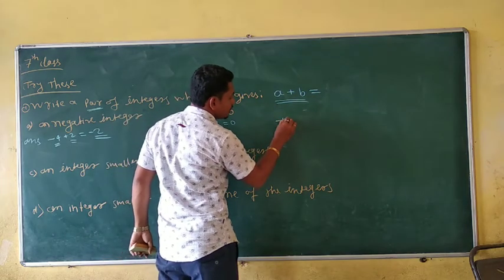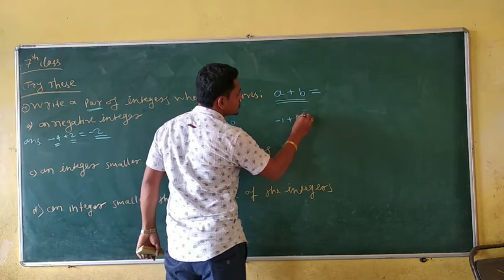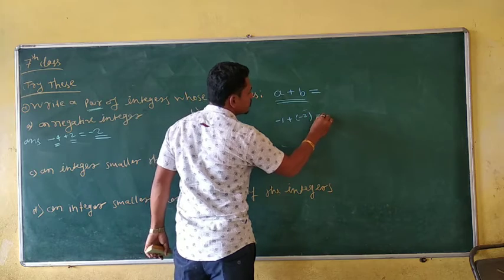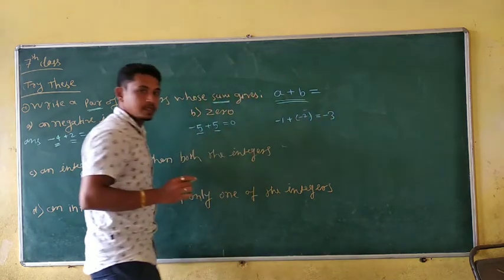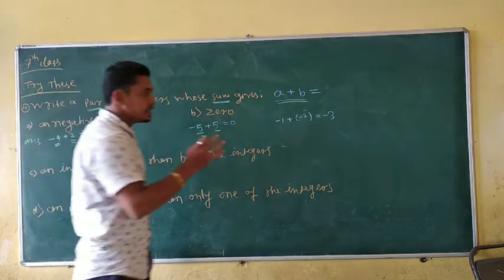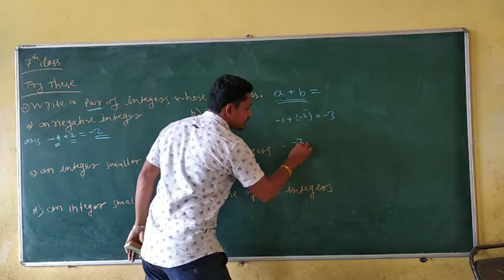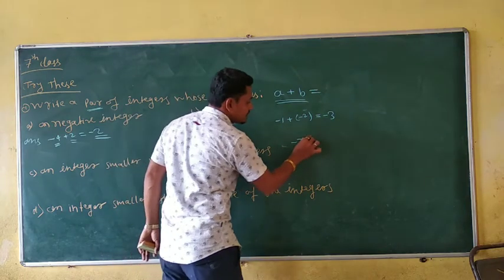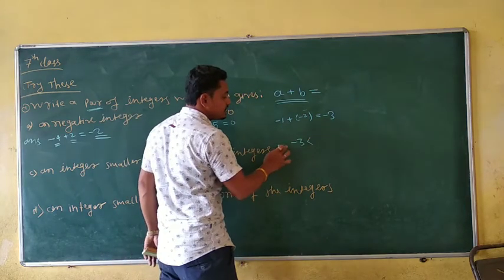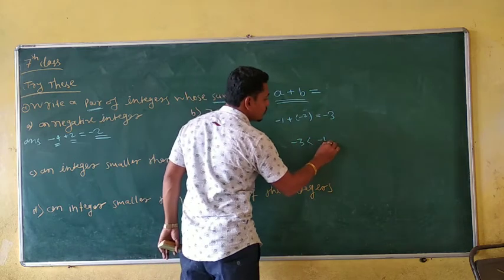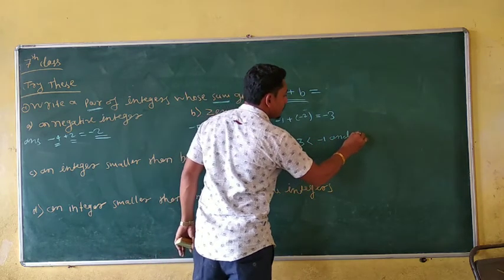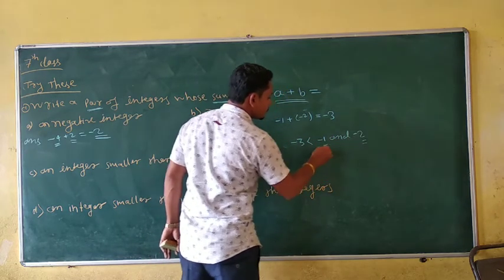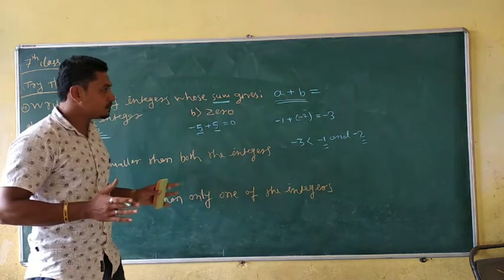So we have to take here minus 1 plus minus 2. This gives rise to minus 3. See here, minus 3 is smaller than minus 1 and minus 2. Is it right?